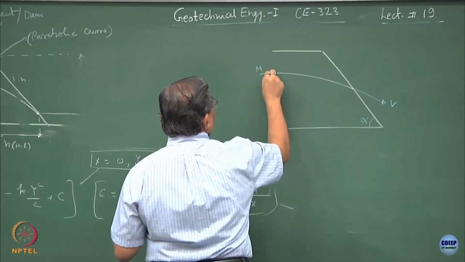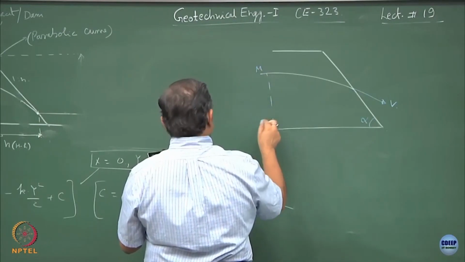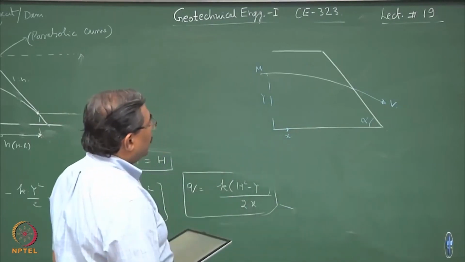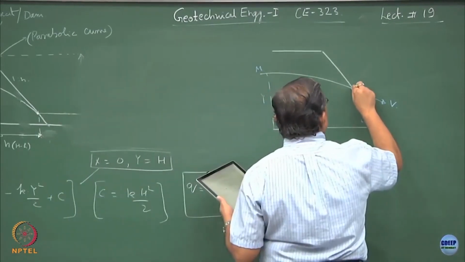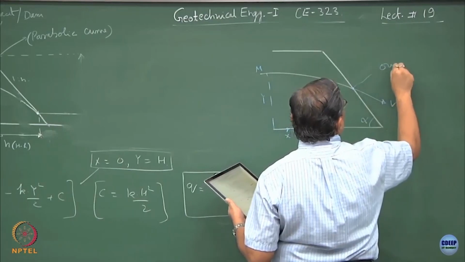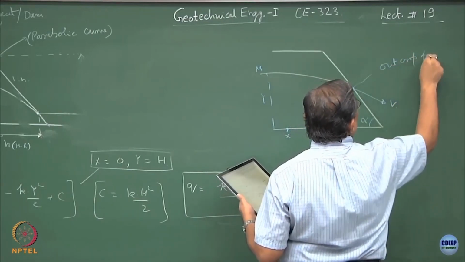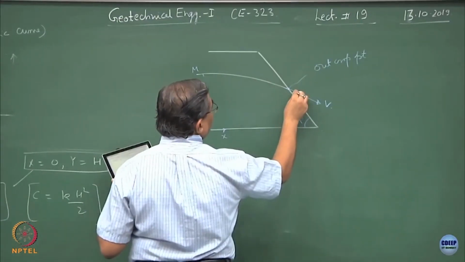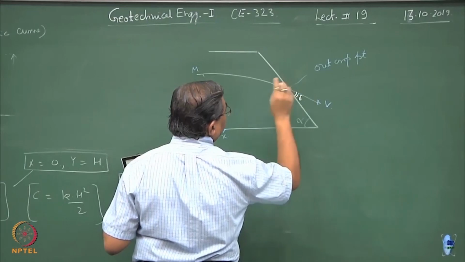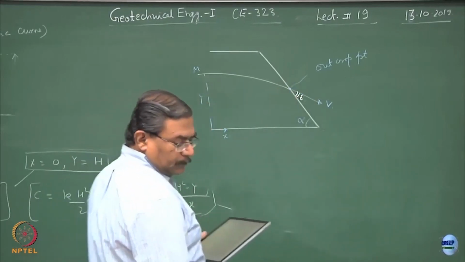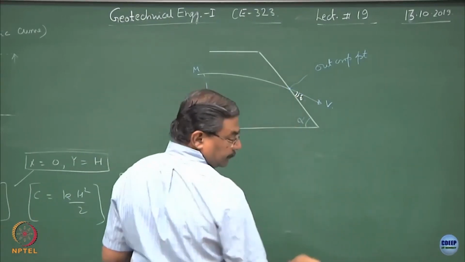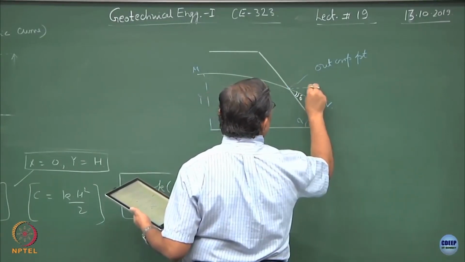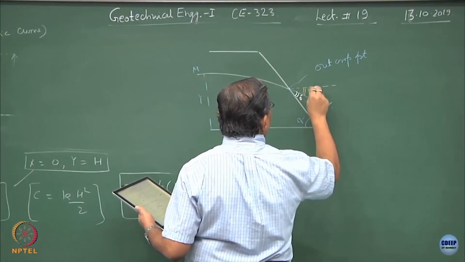At this point M, if I consider this as y and this as x, point O is the outcrop point, this is inclined at an angle of, let us say, delta, and with respect to horizontal, this is beta.